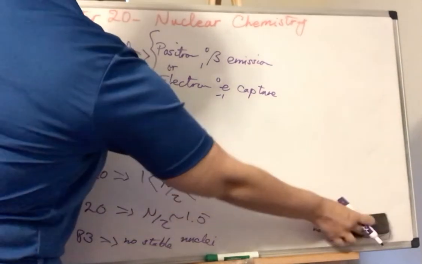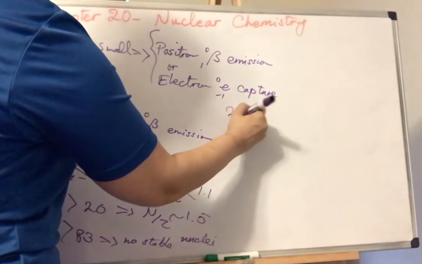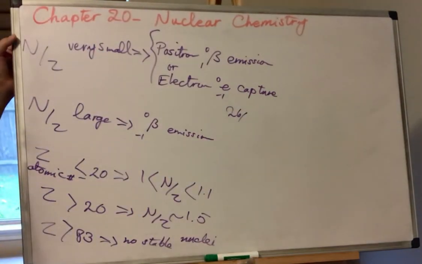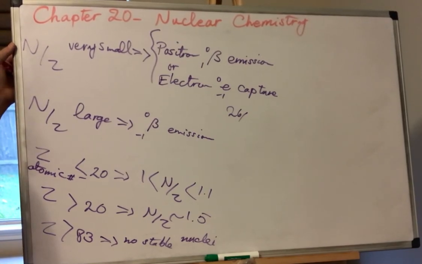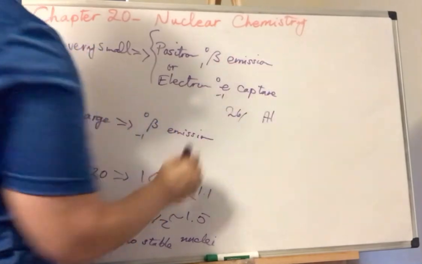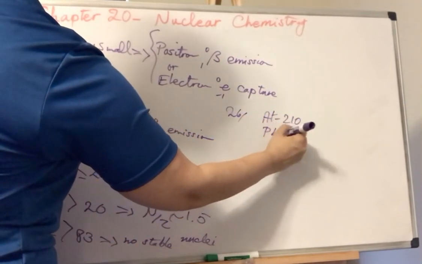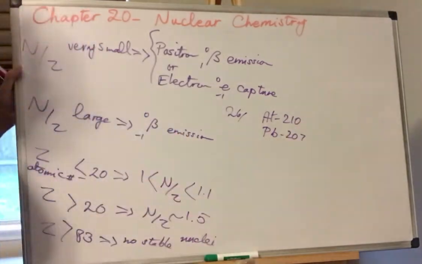So now let's work on an example based on what we just learned. Slide number 26 is asking us to predict which nucleus in each pair should be more stable and explain why. Astatine 210 or lead 207.